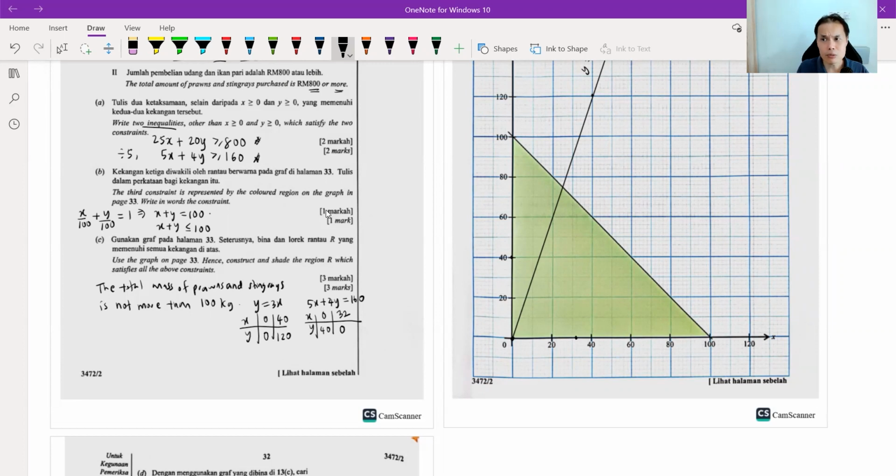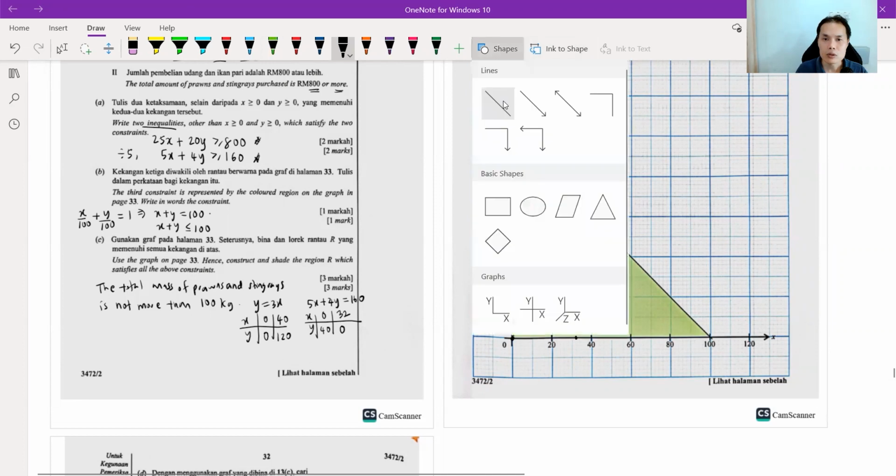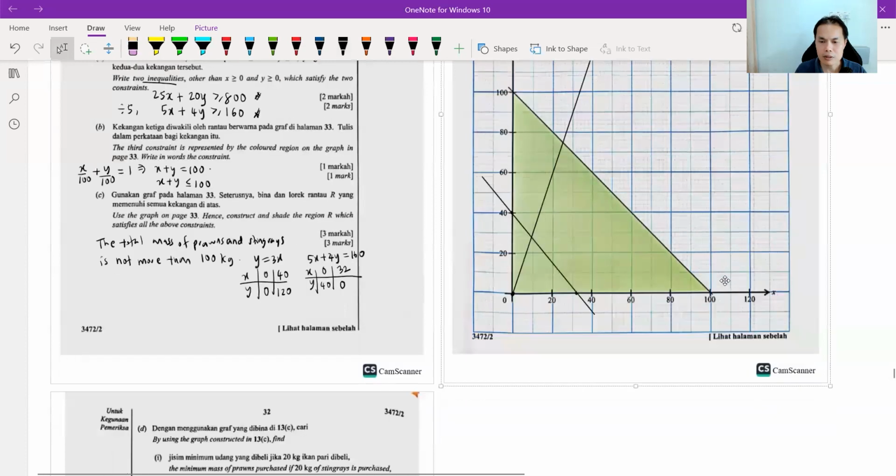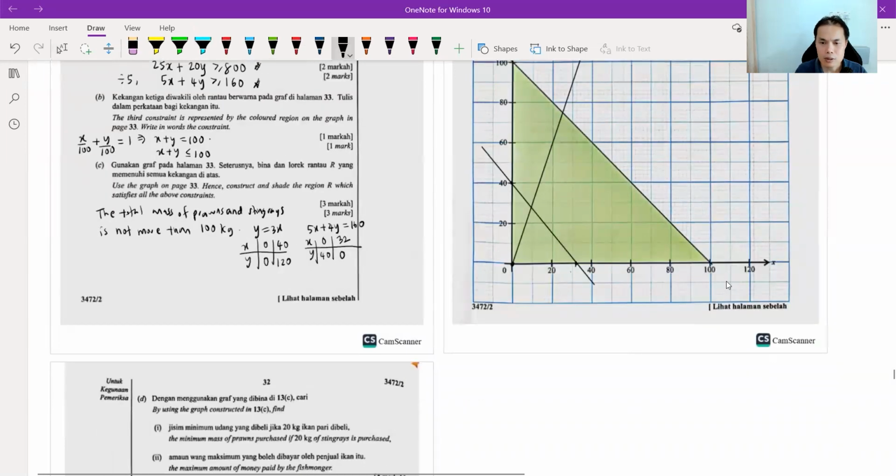Because I let my x be 0 to find my y-intercept, and I let my y be 0 to find my x-intercept. So once you can find these two intercepts, we can actually draw a straight line. You can use any other point you like, but the intercepts are a lot easier to map on the graph. You can see (0, 40) and (32, 0). This side here is 32. So this equation is 5x plus 4y equals 160.